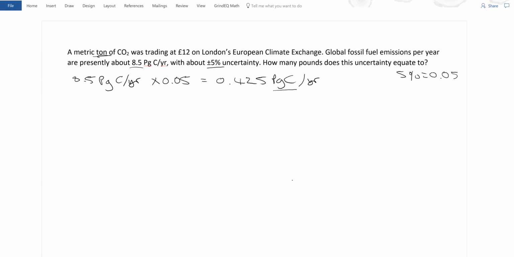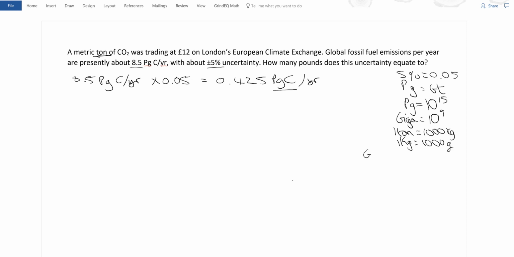So in order to do this, I need to know that petagrams is equal to gigatons. And if I don't know this, I can work it out as petagrams is equal to 10 to the power of 15, and giga is equal to 10 to the power of 9. Then 1 ton is equal to 1,000 kilograms, and 1 kilogram is equal to 1,000 grams.